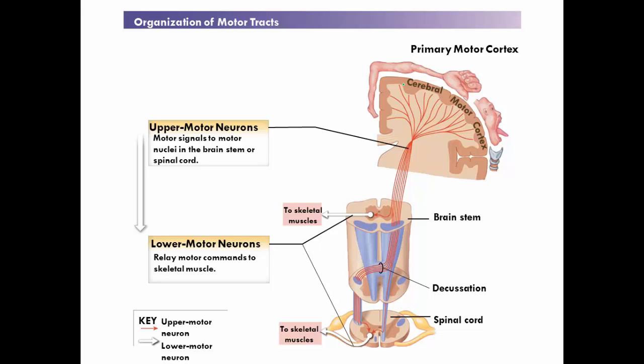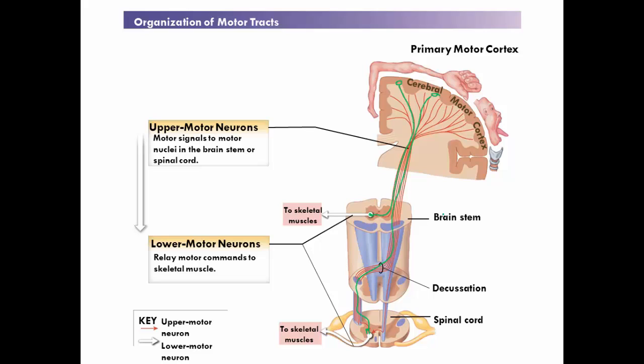And our upper motor neurons will carry a signal, so they will initiate our motor signal and carry that signal along their axons, and that signal will travel either to the brainstem, or that signal can travel down into the ventral horn of gray matter in the spinal cord.